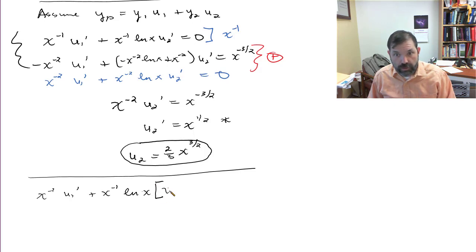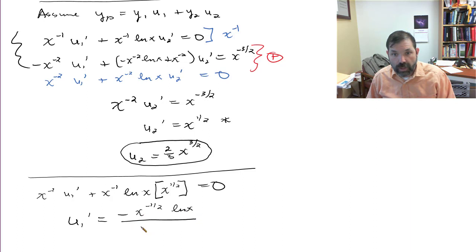Here's the substitution, x to the 1/2 equals 0. So then if we solve this for u1 prime, it would equal negative x to the negative 1/2 natural log x over x to the negative first power. u1 prime is negative x to the 1/2 natural log x.